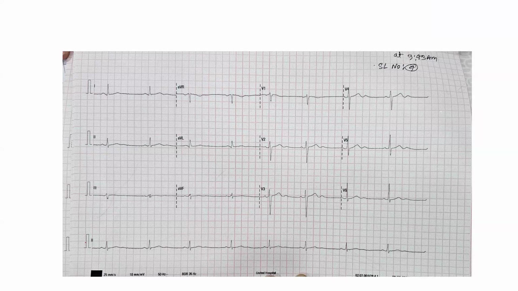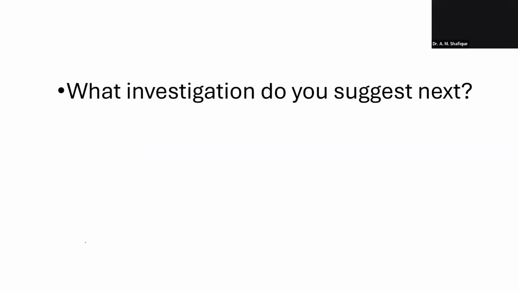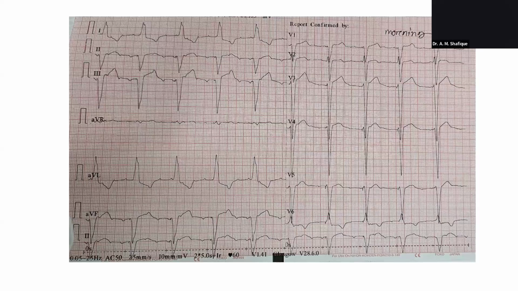Okay. Next, Shafique. An 83-year-old male, ex-smoker, hypertensive, with COPD and pneumonia and also non-STEMI and LVF, admitted in CCU and got this ECG.